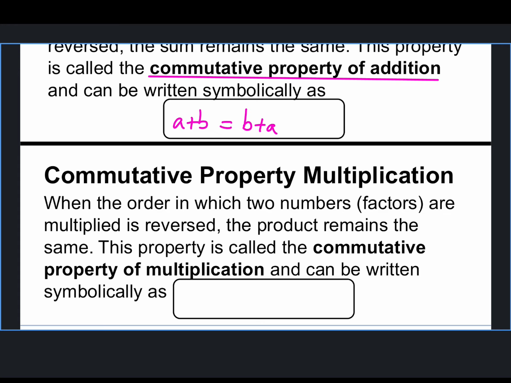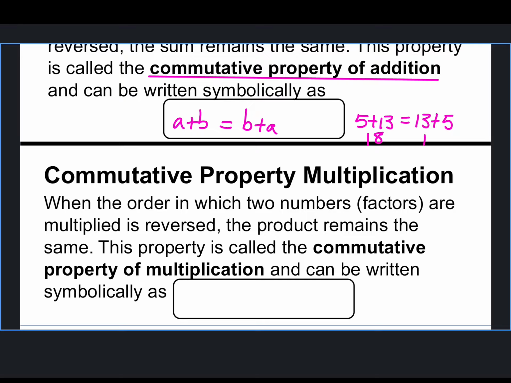So, do you believe that 5 plus 13 is equal to 13 plus 5? Yes. Why do you believe that? Because you add the 5 plus 13, you get the same amount. Well, what is the result? The sum is the same. What is the sum in this specific case? 18.